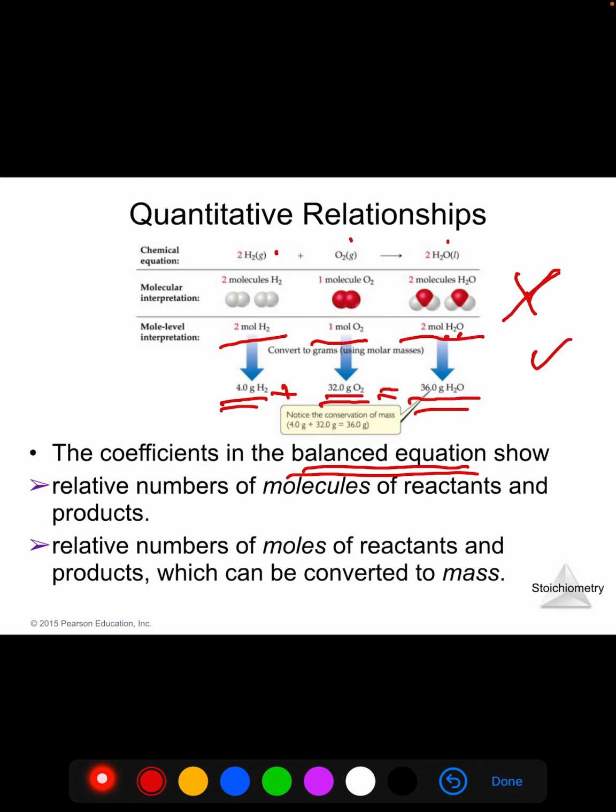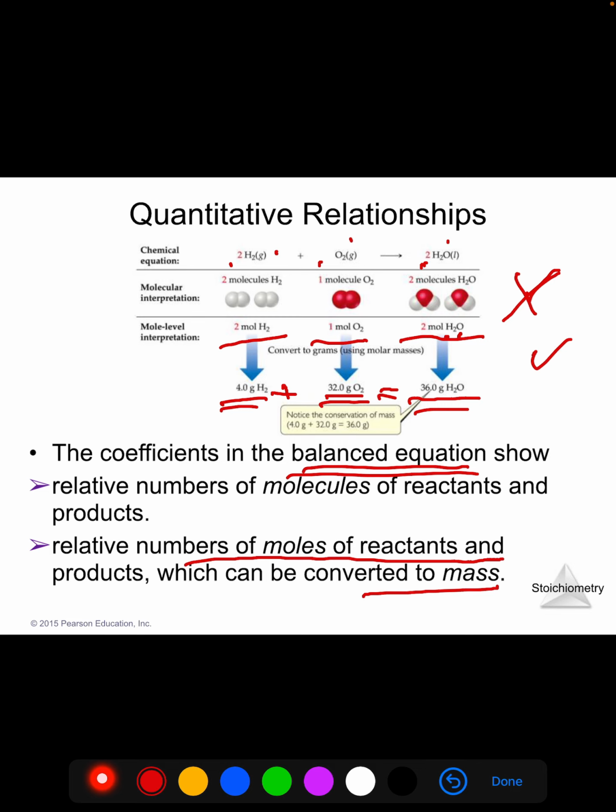And my point is, we have moles, and we can relate that to mass, but what I want to do is talk about mole ratios, because for every 2 of these, I get 2 of these. For every 1 mole of oxygen, I get 2 moles of water produced.